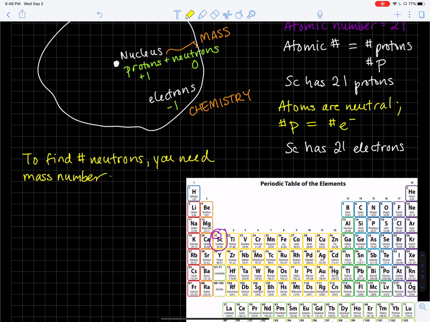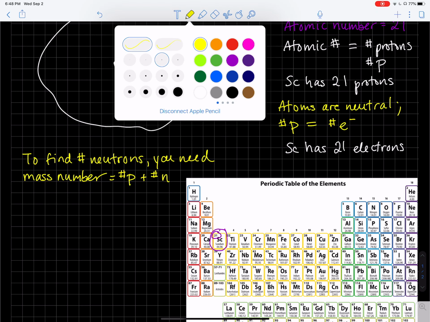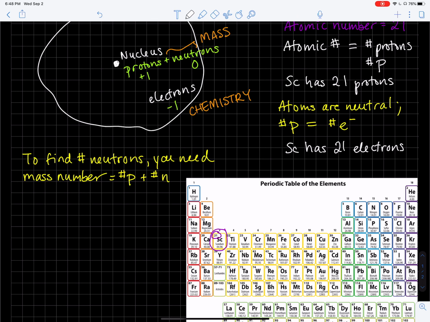The mass number is an integer that is equal to the sum of the number of protons plus the number of neutrons. And just by telling you scandium, atomic number 21, I haven't told you the mass number. And it turns out most elements can have different mass numbers, and you have to specify which one.